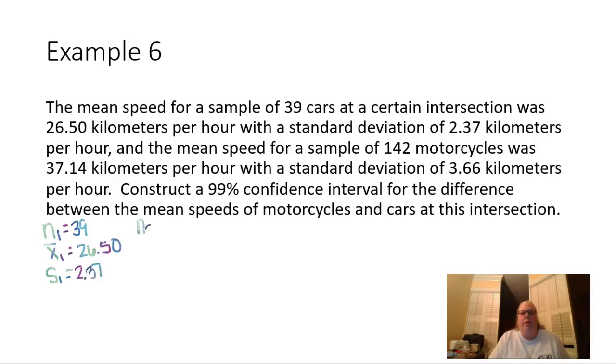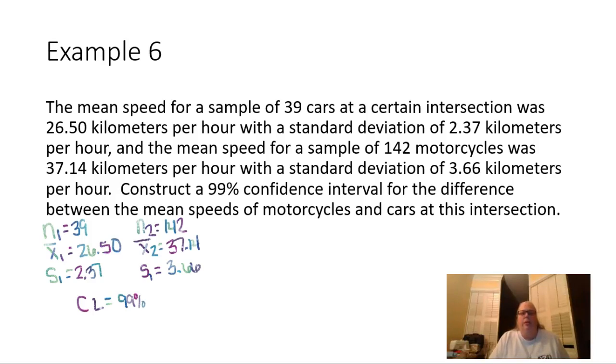And then we have another sample which has 142 motorcycles in it, and their average speed is 37.14 kilometers per hour, and the standard deviation on that sample is 3.66 kilometers per hour, and our confidence level is 99%.